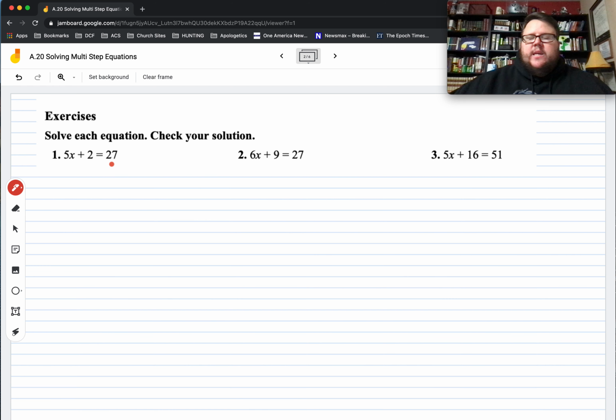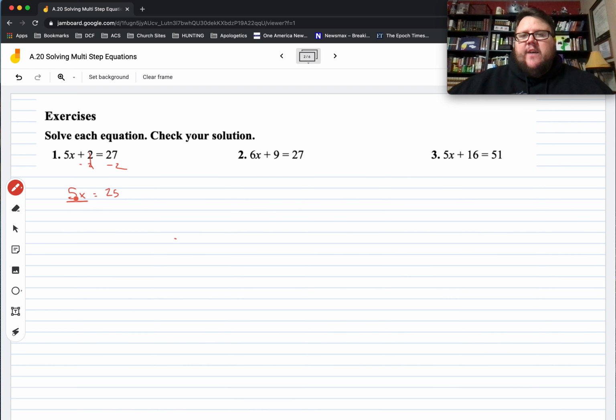5x plus 2 equals 27. So I'm going to work on the same side as my variable, but I'm going to work furthest away. So that means the plus 2, I'm going to subtract 2 from both sides. So I get 5x equals 25. And then I'm going to divide by 5, since it's 5 times x.